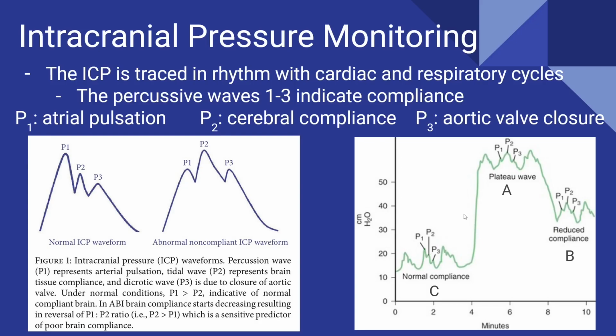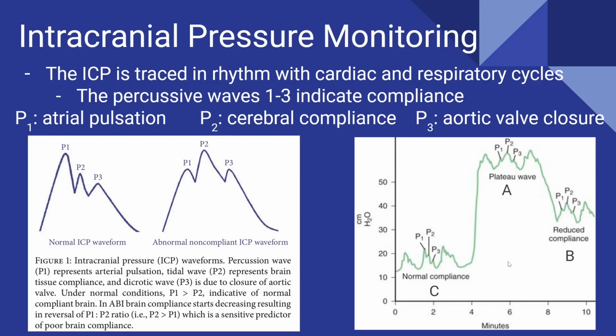And as that happens, so too does your ICP. So you can see somewhat normal ICP, at least below 20, with the P waves below that P1. Then as you start to get higher and higher intracranial pressures, you start to lose compliance with your P2.